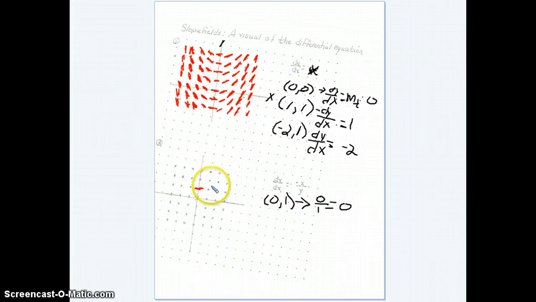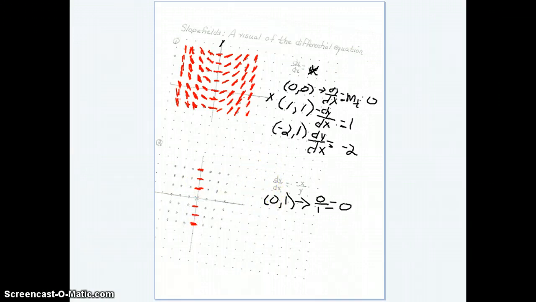Now, this one's a little different, so just be careful. But every time the x coordinate is 0 and the y coordinate isn't, so that's all along this line, I'm still going to get a 0 slope. So just like the other one, that's going to be true. I just have to be careful that I don't make too many assumptions with this one.